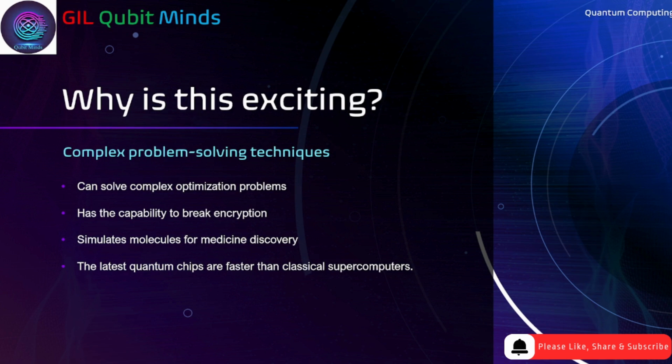It also helps in the simulation of critical medicine discovery, or any kind of physics or chemistry simulation. It can be used to find the proper solution. And we can see that the latest quantum chips coming to the market are faster than classical supercomputers.